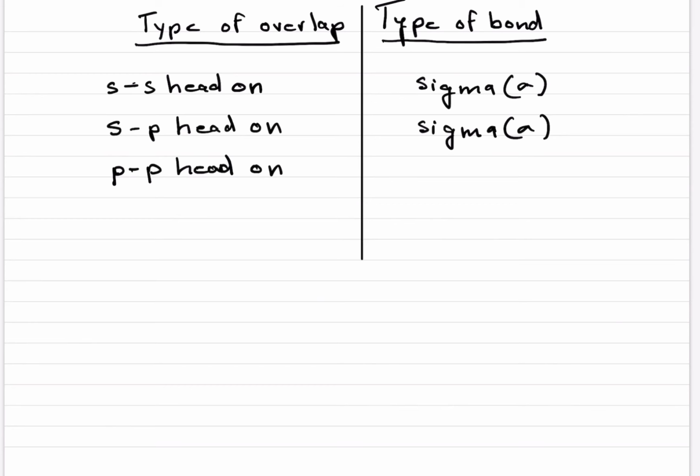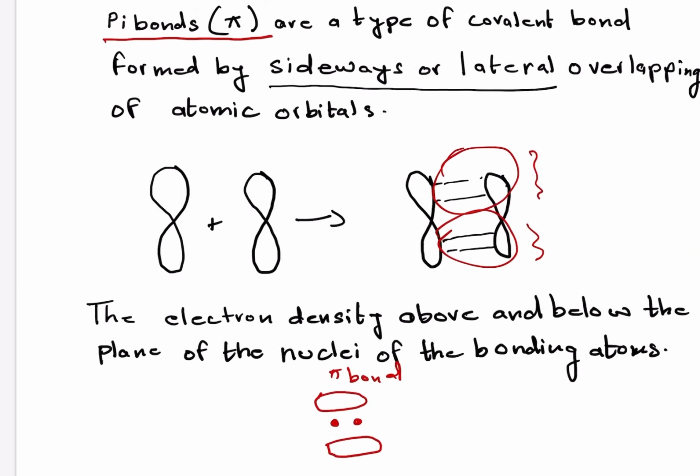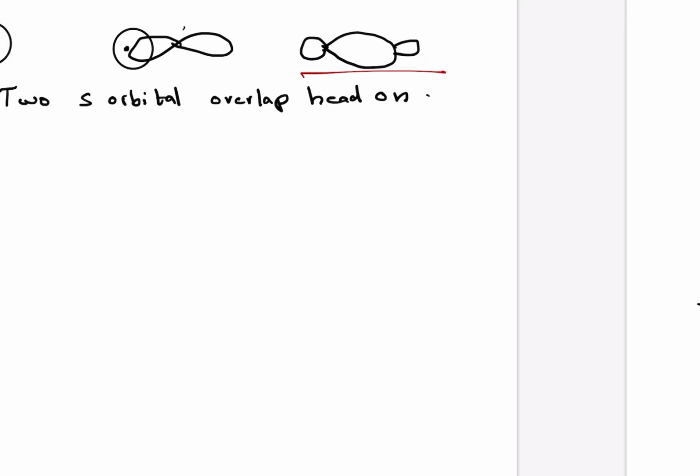Remember, it's not sideways. When we talk about PP head on, this is again sigma. Remember this, not sideways, it's head on. So it's a sigma bond. If you look at the diagram, you'll see it's head on over here. That's PP head on.